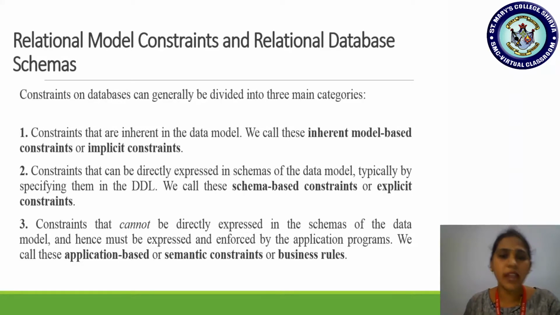These are certain attributes for a student relation. If we are explicitly adding certain rules for those attributes, we call them explicit constraints. While representing the schema in the schema model, if we are expressing certain rules in the data model, then we call them explicit constraints.